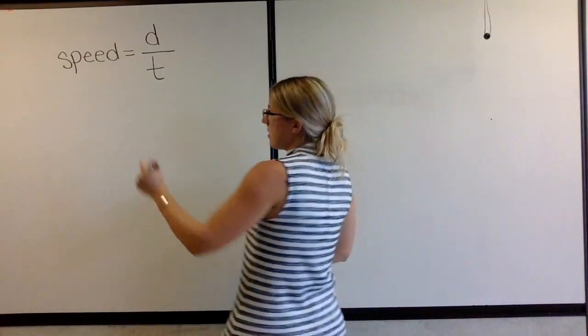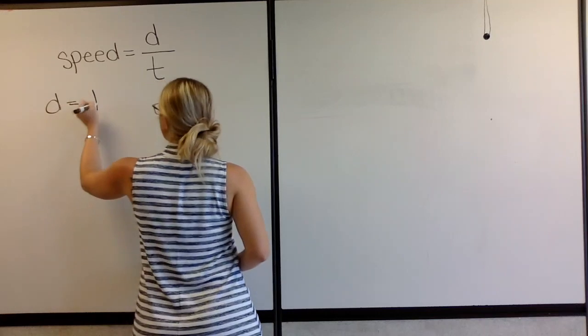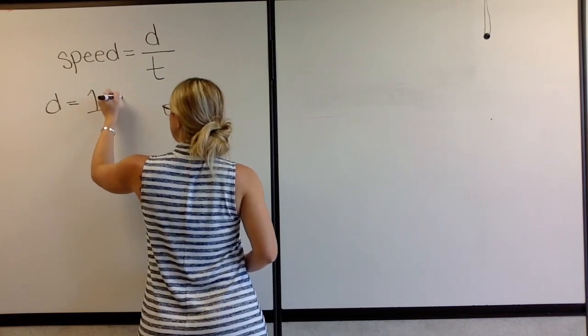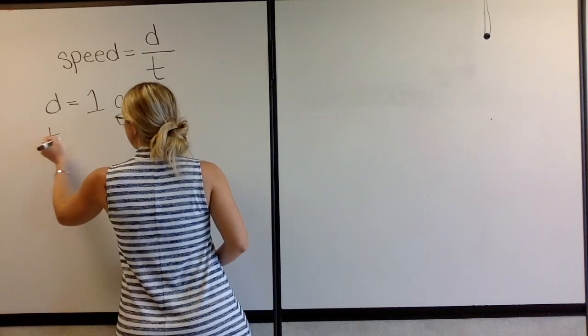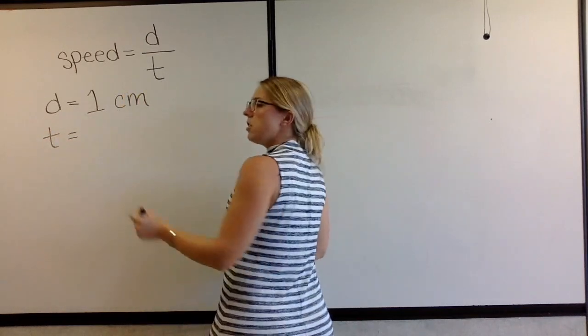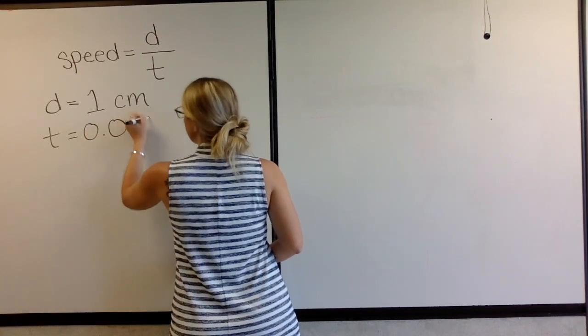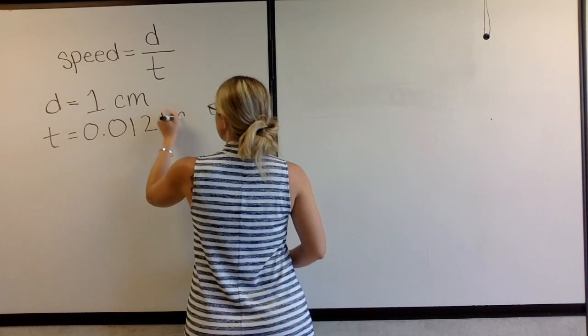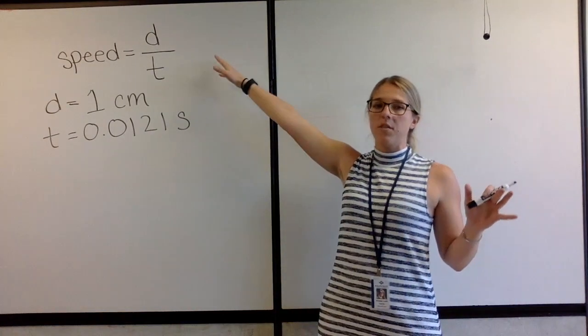Our distance, remember, is going to be 1 centimeter. And our time for this first run is 0.0121 seconds. So those are the two things that I'm plugging into my formula.